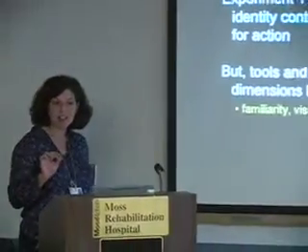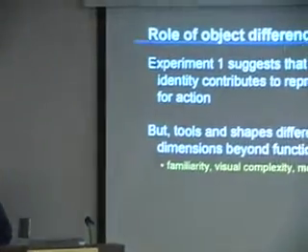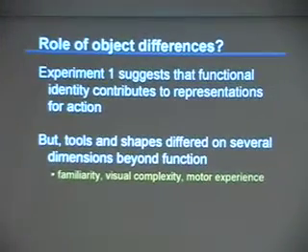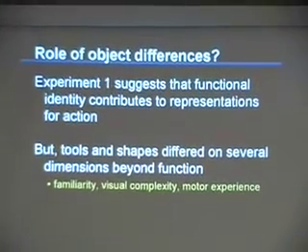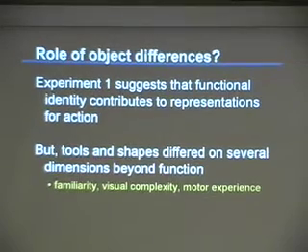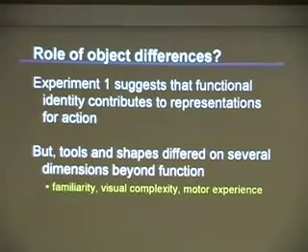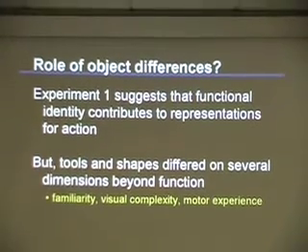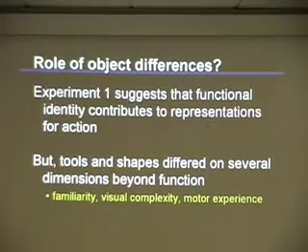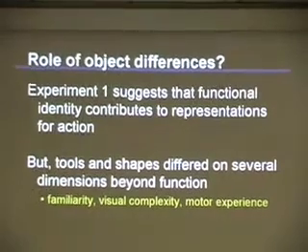So this first experiment suggests that functional identity does contribute to representations for actions. We did see the differences, even though both types of objects could be thought of as graspable; we saw greater activation in these meaningful function objects. But there were a number of differences between the tools and shapes.